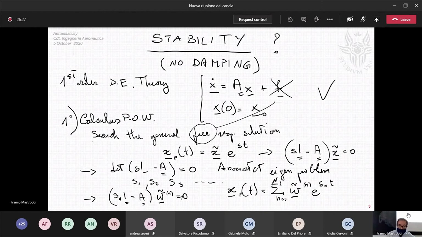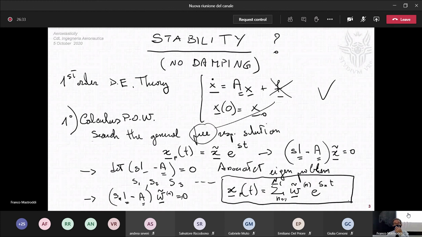And this is the free solution. The free solution can be built in this way. So, by calculus or by control system theory, we have that the free solution is something like that.